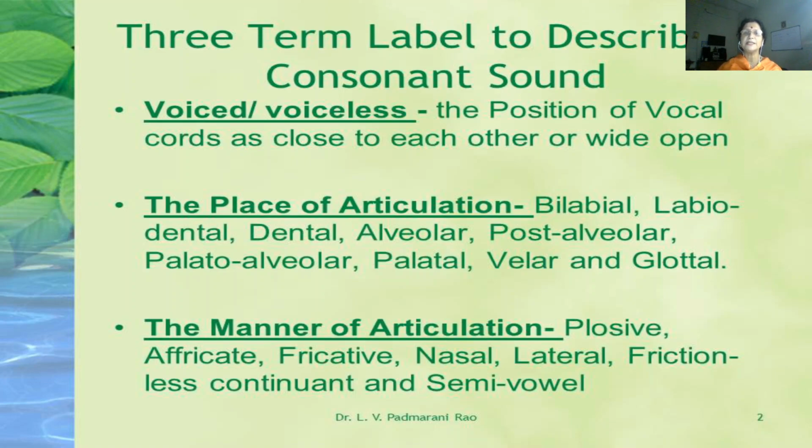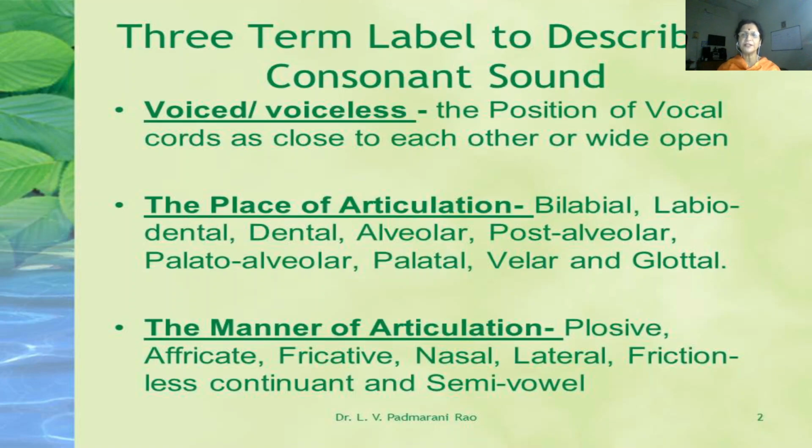If the air passes through the nose, the sounds are called nasal sounds. If the air passes through the sides or rims of the tongue, they are called lateral sounds. If the air coming out from the lungs passes through without any friction, it's called frictionless continuant. And if the air is passing through just as we find in vowels, making up the glides, these sounds are called semivowels.